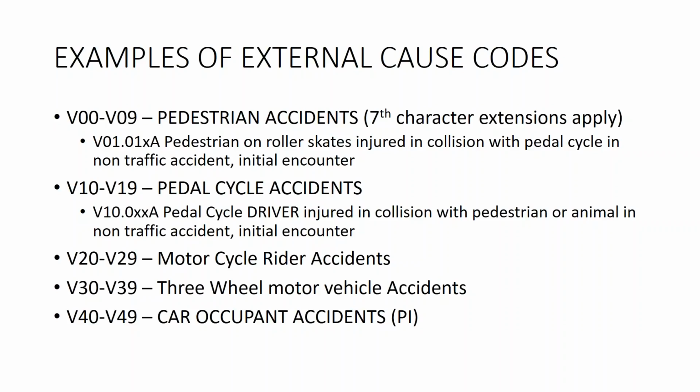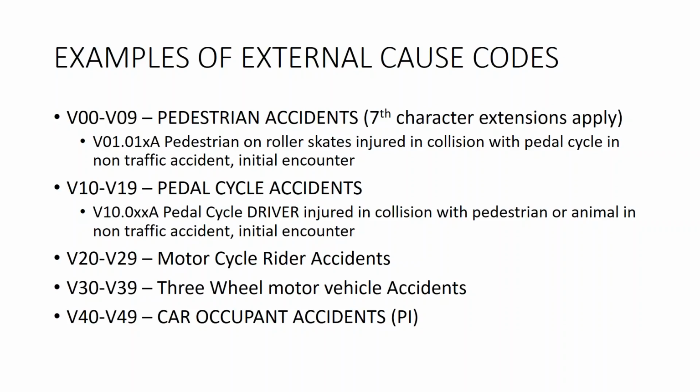So if your patient comes in with a low back strain because they were roller skating or at the skate park and they ran into someone on a bicycle, or the bicycle ran into them, then that would be the external cause code that you would use in conjunction with that low back strain, or that low back sprain.